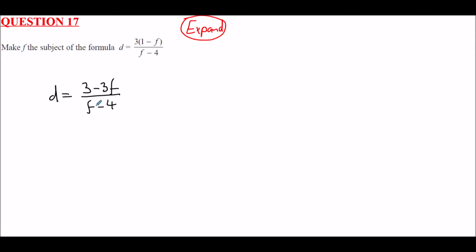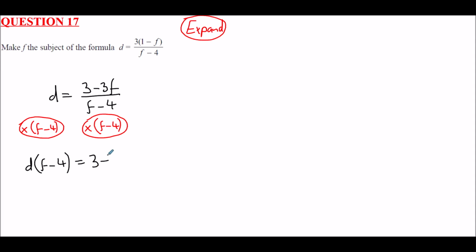Not just the F, not just minus 4, but times through the whole thing by the whole of F minus 4. So times that side by F minus 4, and therefore multiply the D by F minus 4. And if we do that, what we'll get over here is D times F minus 4 equals 3 minus 3F.